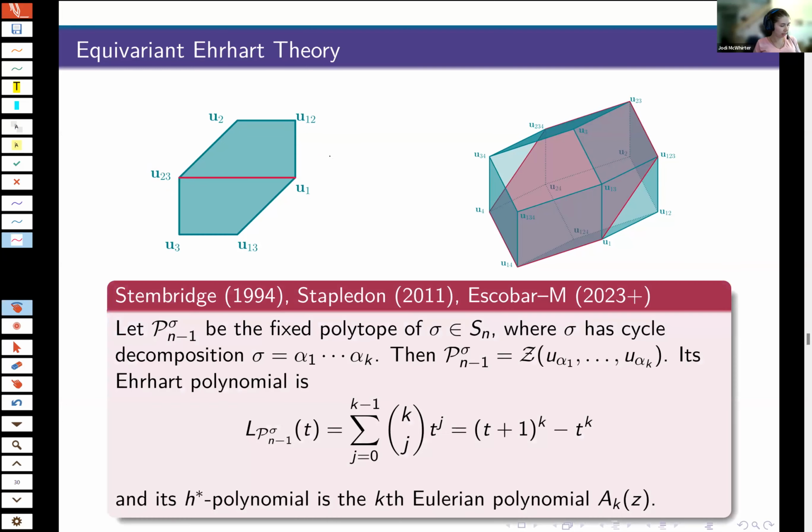So let me tell you about this here. For these fixed polytopes, all we need to do to figure out what they are is to look at the cycle decomposition. And the number of cycles in that cycle decomposition will determine the dimension of the polytope. And the polytope that you're going to end up with is really just a lower dimensional version of this polytope.